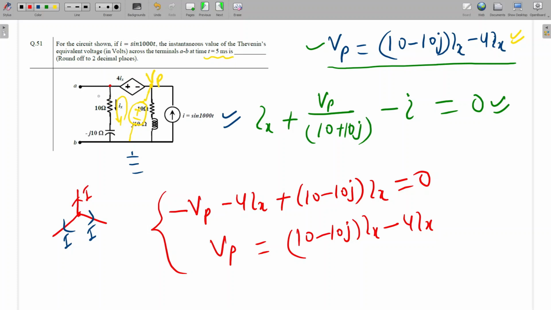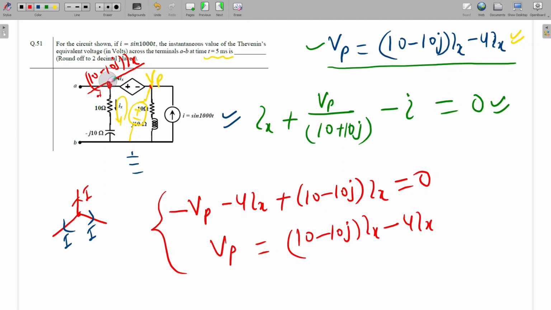Here the voltage will be (10 minus 10j) Ix. If we are going here, we have to subtract this value. If minus is here and plus is here, we add this, because here it is in negative polarity, so we subtract this one. So Vp will be (10 minus 10j) into Ix minus 4Ix. Is it clear now?